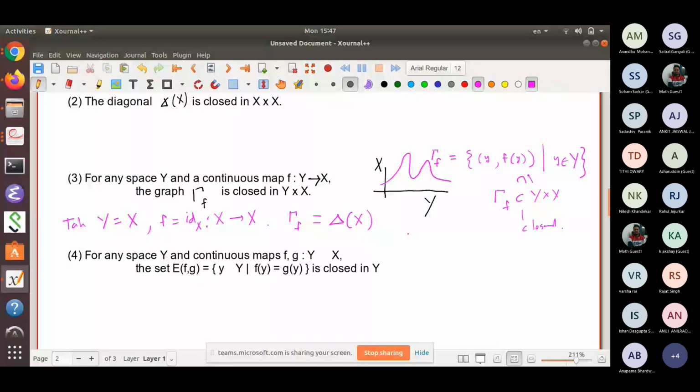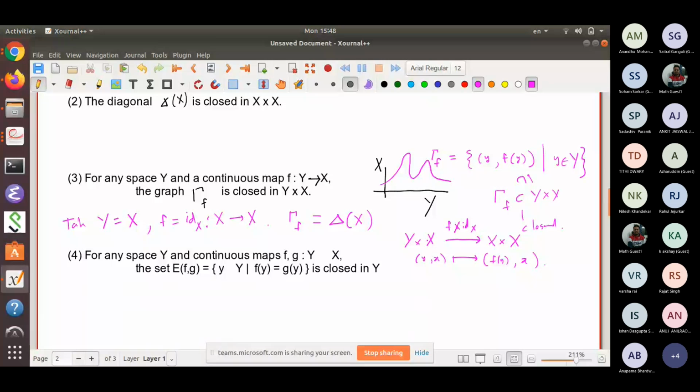I get a map from Y cross X to X cross X. And this map is the map f cross identity of X. In other words, it sends (y, x) to (f(y), x). Okay. This map f cross identity is a continuous map.